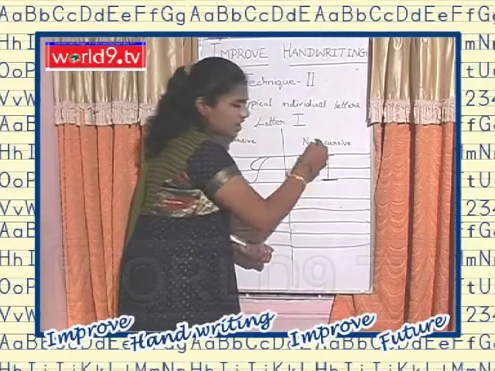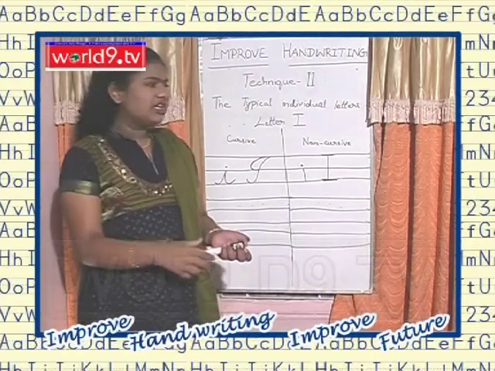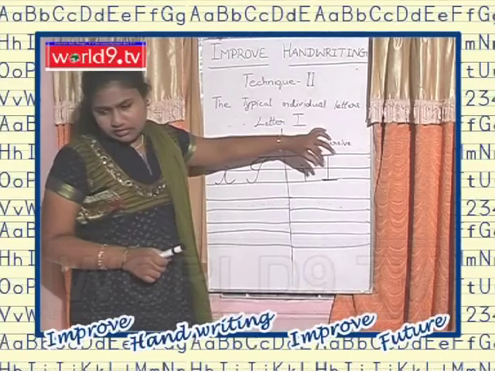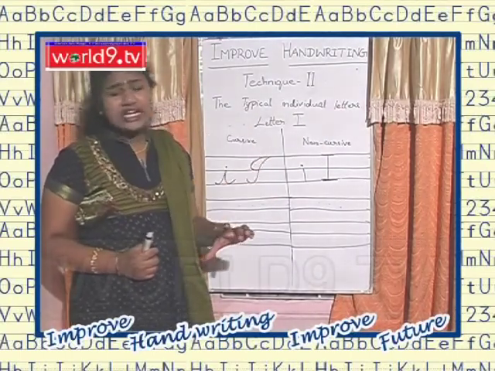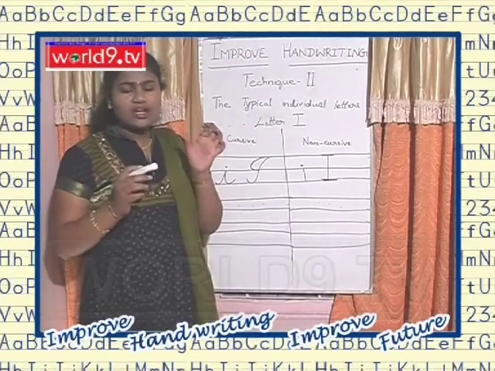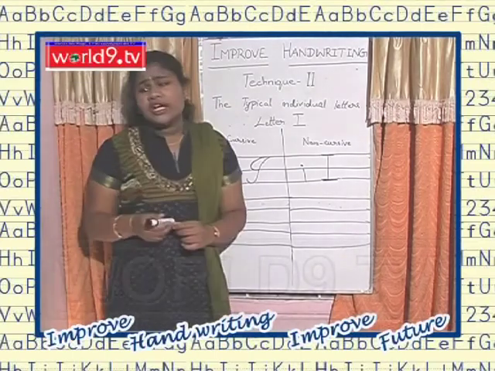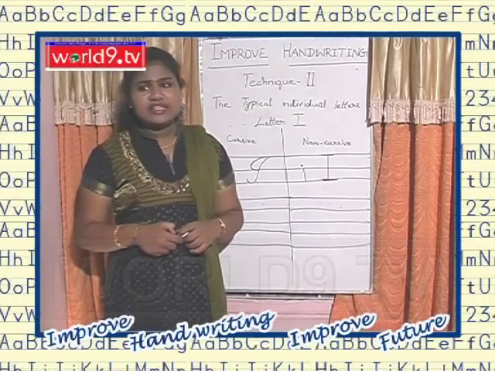Exactly the two must be at equal centimeters or inches. Never write the down line small, because it will affect you and you will be very sensitive.